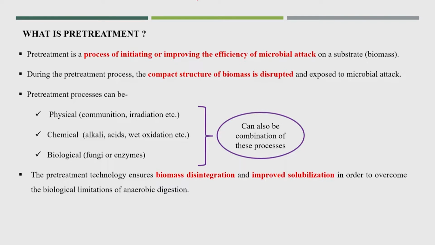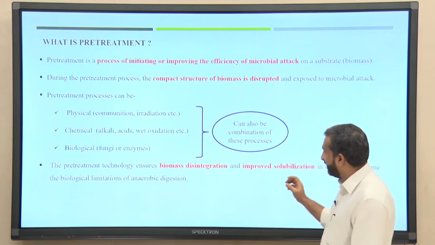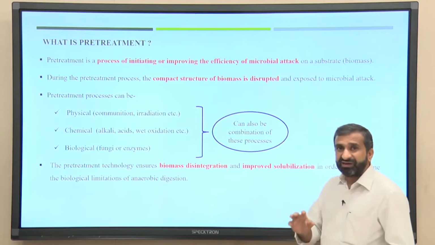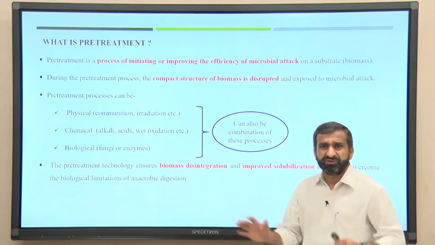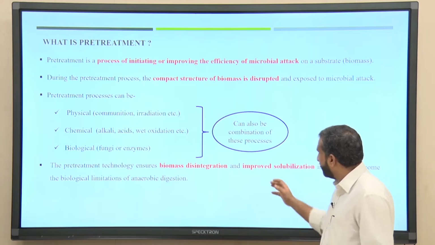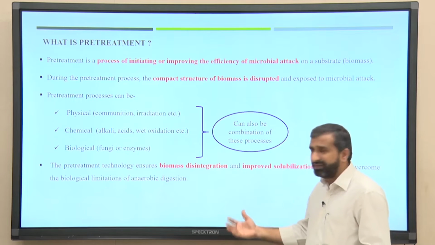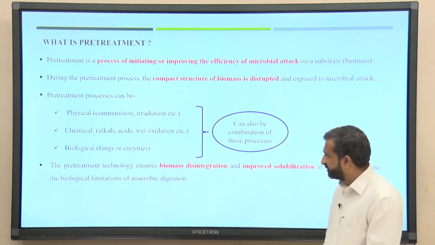This pretreatment technology ensures biomass disintegration and improves solubilization in order to overcome the biological limitations of the anaerobic digestion process. The idea is that if the organic material is solubilized very easily, it can easily go for anaerobic digestion.